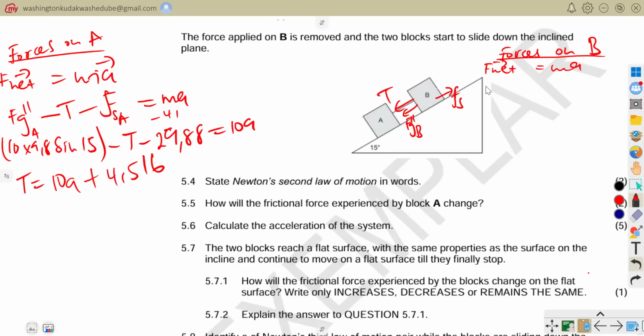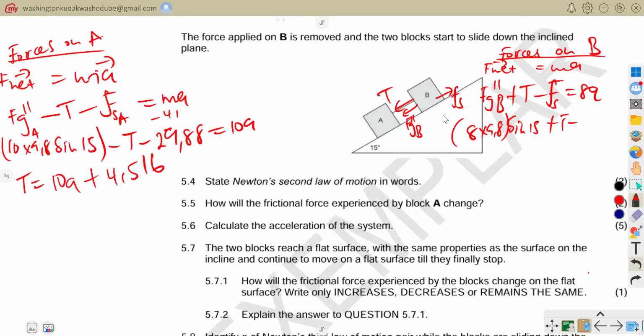These are positive. So this would be FG parallel of B plus T minus my frictional force, equal to 8A. Now if I substitute here, it would be 8 times 9.8 sine 15 plus T minus the frictional force.